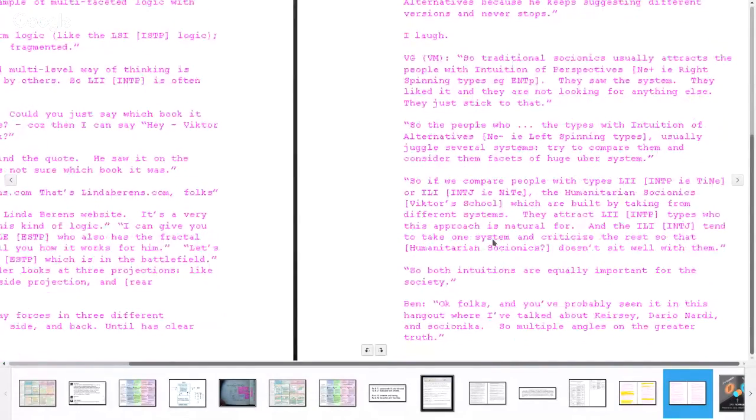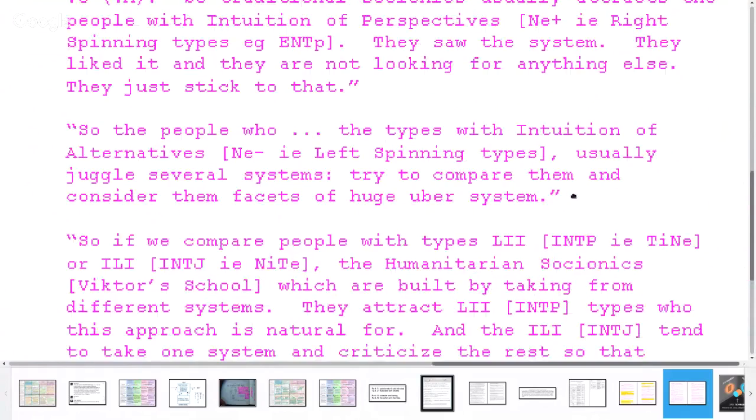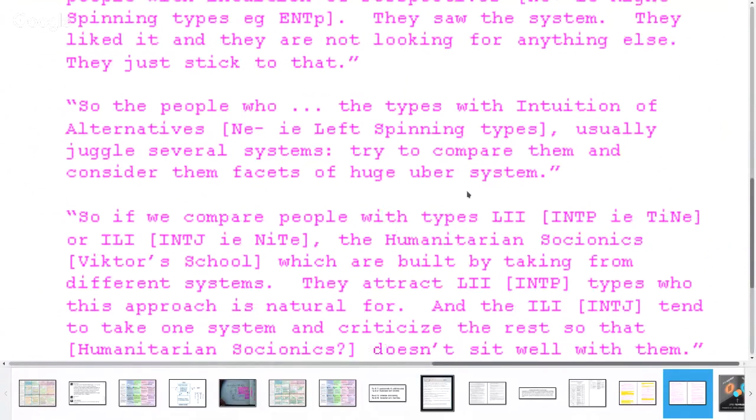Yeah, Victor has an issue with the ENTPs. So the people who, the types with intuition of alternatives, NE minus, i.e. less spinning types, that includes ENFP, usually juggle several systems, try to compare them, and consider them facets of a huge Uber system. Now, if you want to see some evidence of this, watch the Hangouts with Catherine Favre.